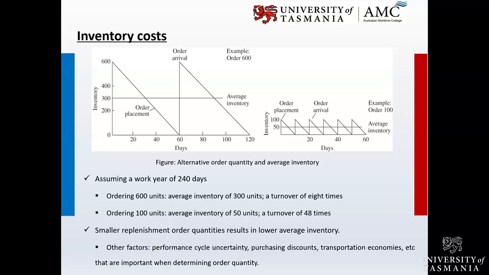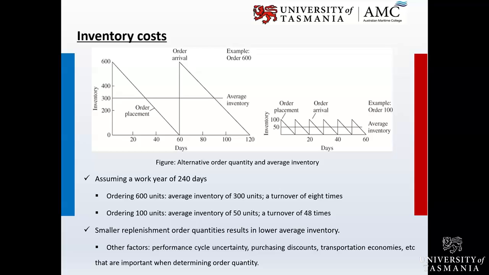Now we can consider how the size of the order will affect the inventory level. So we assume the working days are 240 days per year, and if it is a large order, for example, ordering 600 units, we look at the left figure.